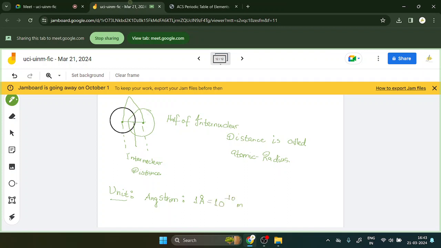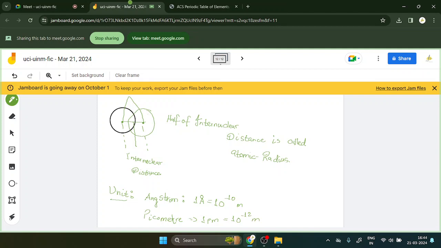Clear? And another is picometer. Pico means 10 to the power minus 12. So 1 picometer, 1 pm, equals 10 to the power minus 12 meter.